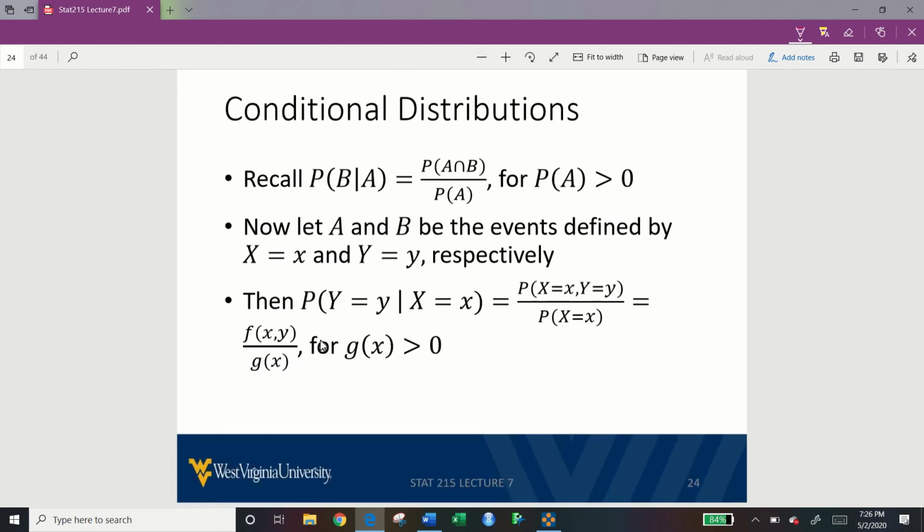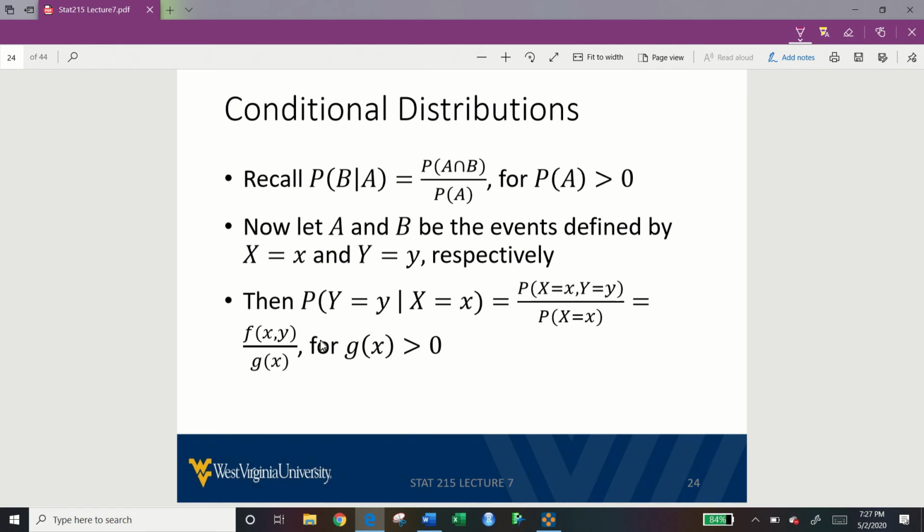Conditional distributions. Let us recall that the probability of b given a equals the probability of a and b over the probability of a, for when the probability of a is greater than 0. Now, let a and b be the events defined by X equals x and Y equals y respectively.